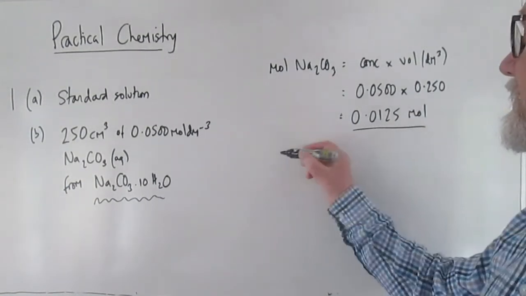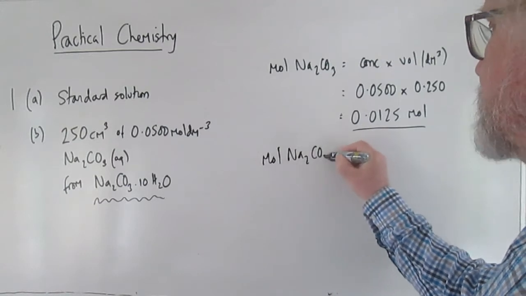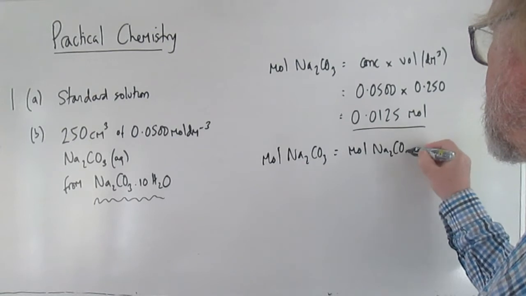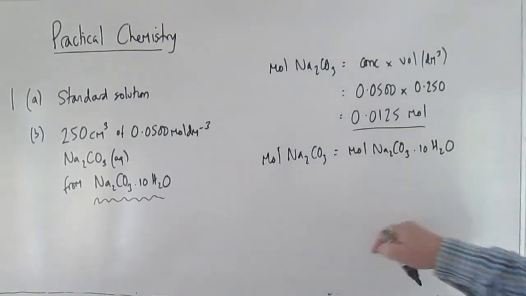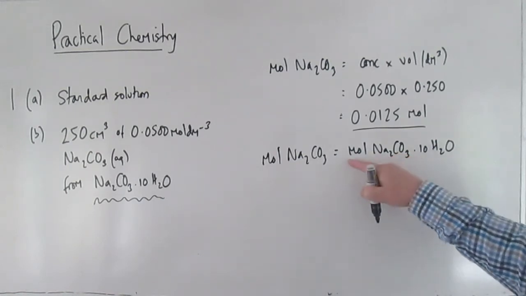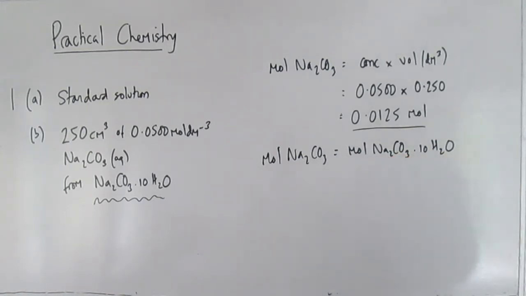And then, as I say, the moles of Na2CO3 is the same as the moles of Na2CO3.10H2O, because each mole of that compound contains a mole of that as well as 10 moles of water. So what that means is that we can just work out the MR of this whole thing, including the waters, and therefore work out what mass we need.